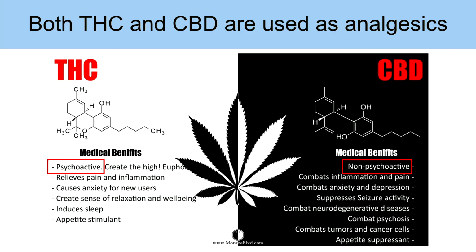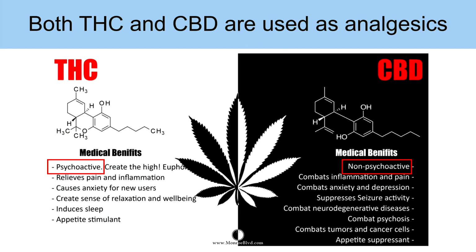And we mainly focus on the two most abundant cannabinoids, THC and CBD. A striking phenomenon of both of them is that they have similar potency as analgesics, although THC is the psychoactive compound, while CBD is the non-psychoactive compound among the major compounds in cannabis.